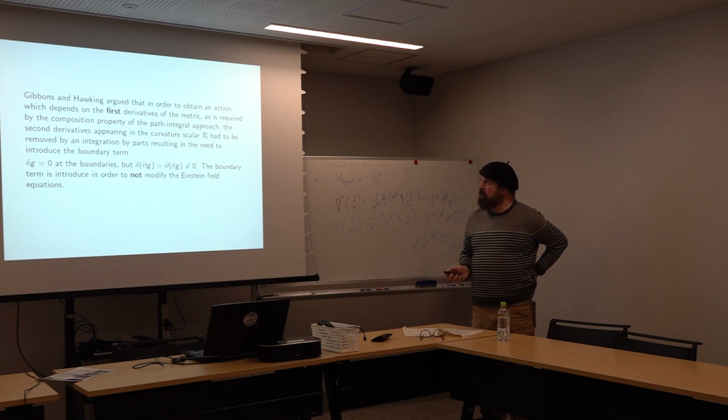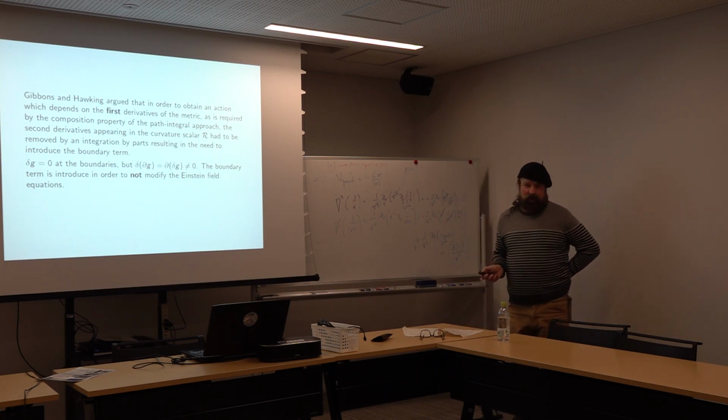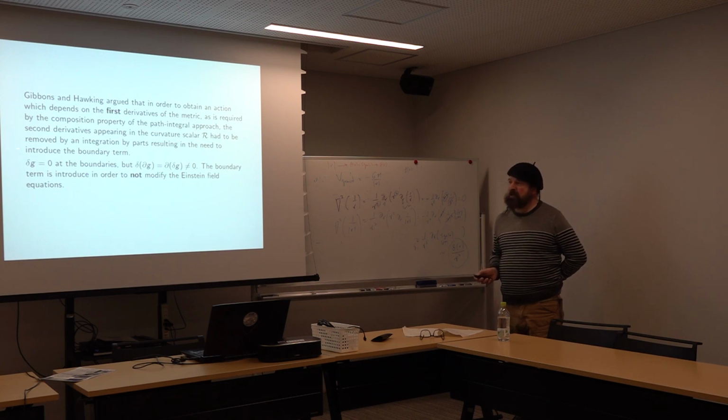So it happens that when you want to do a path integral formulation, there is something called the composition property of the path integral. So you have to work with a theory that involves first derivatives, not second derivatives. When you work with a theory that has only first derivatives, the variation of the metric at the boundary is 0, but the variation of the first derivative of the metric on the boundary is not 0.